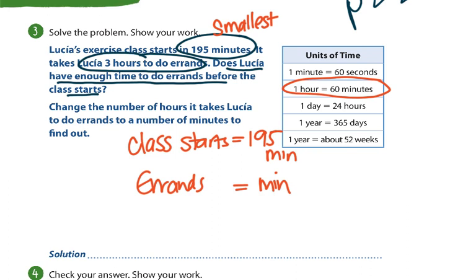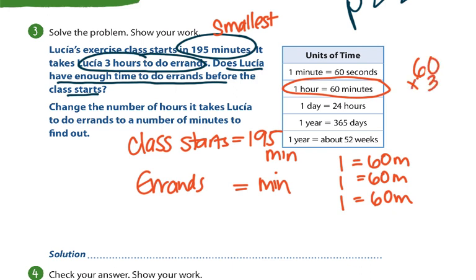For every hour, it's 60 minutes. So we have 1, 2, 3 hours, which is 60 minutes. I'll take 60 and I will multiply it by 3 using my steps to multiply.